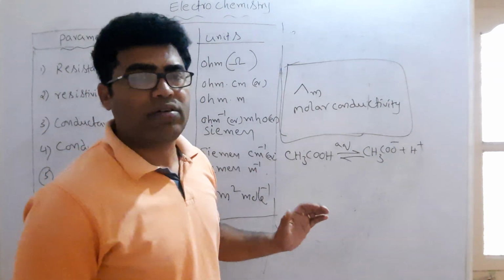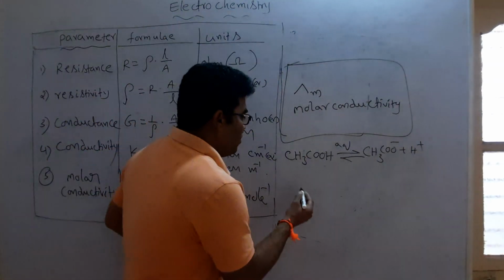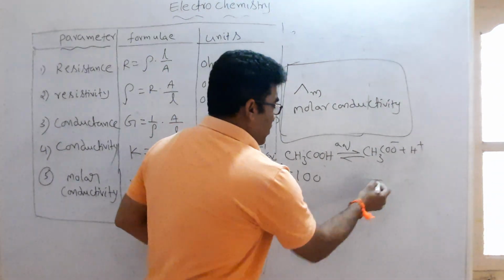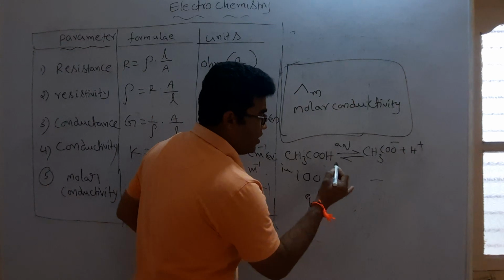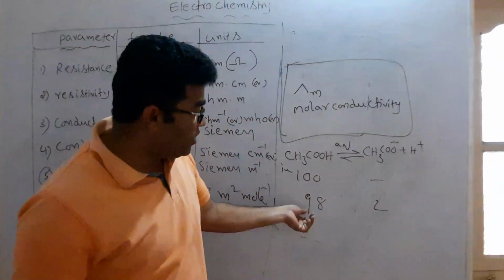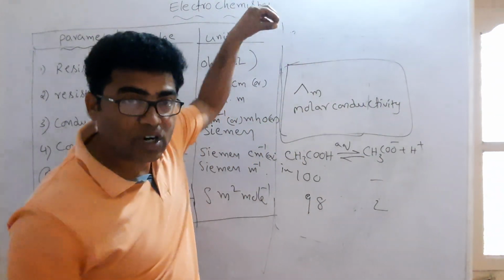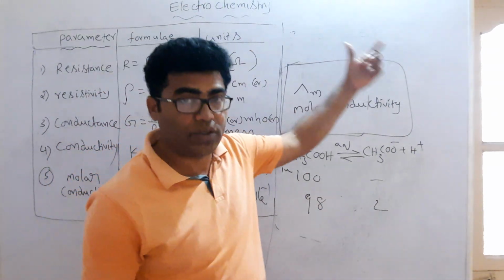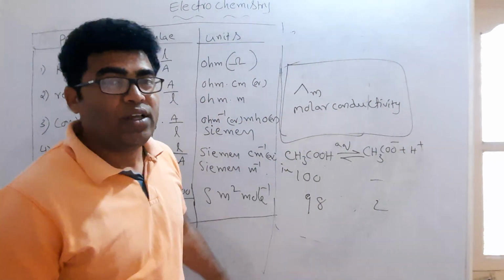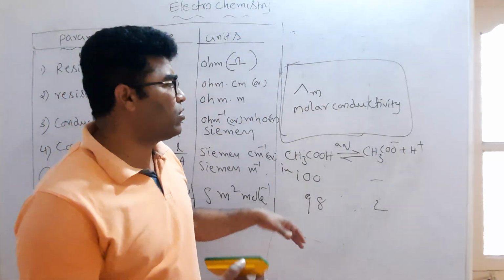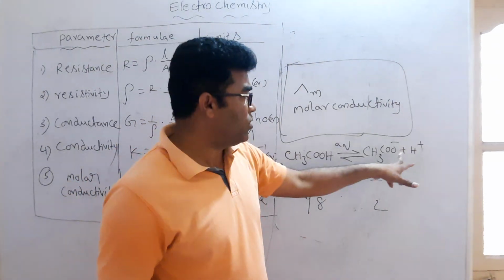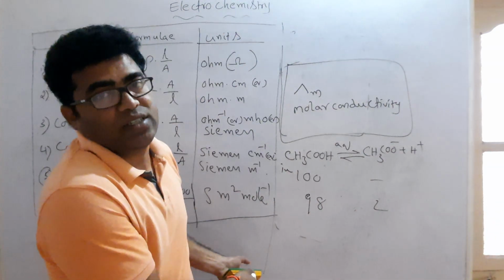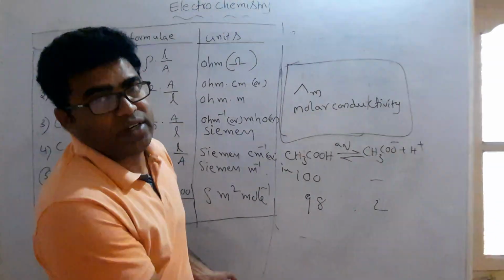Only 2 or 1 will dissociate. Suppose 2 dissociated, then 98 remain undissociated. Out of 100, only 2, 3 or 1 molecule like that will dissociate. So these are dissociated ions, and some amount of acetic acid is left, which is called undissociated acetic acid.